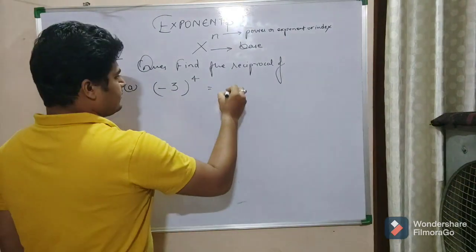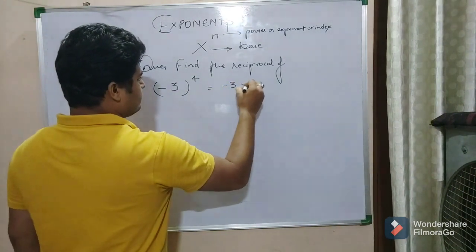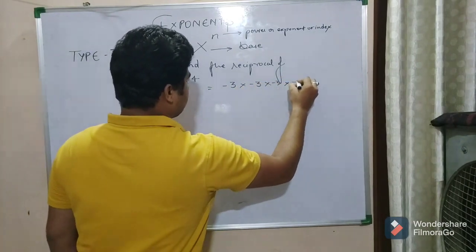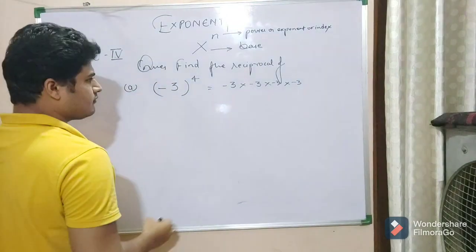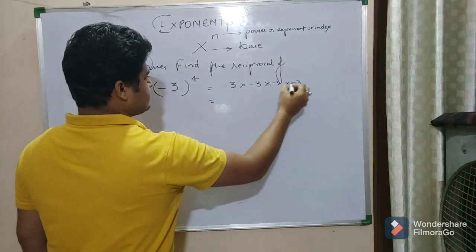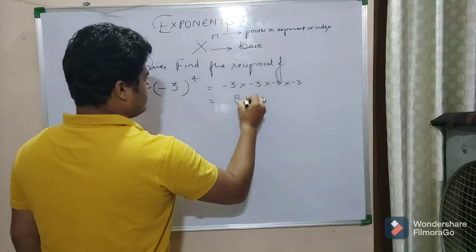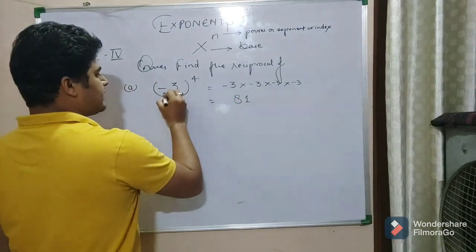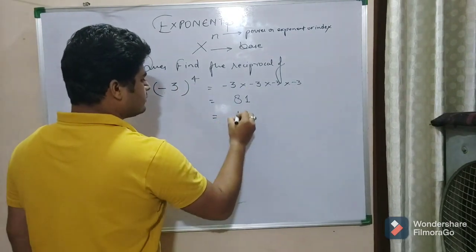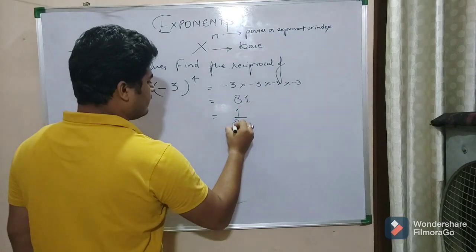So minus 3 to the power 4 means minus 3 multiplied by minus 3 multiplied by minus 3 multiplied by minus 3. So 3 3s are 9, 3 9s are 27, 3 27s are 81. Power is even number of times, negative number, so the result will be positive, but we have to answer the reciprocal, so it will become 1 upon 81.